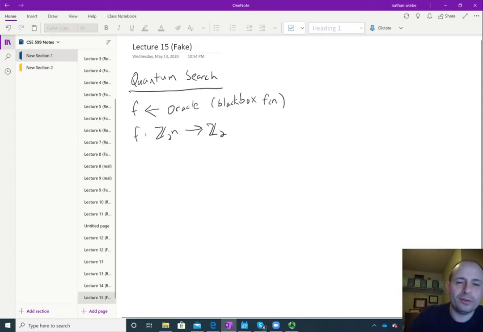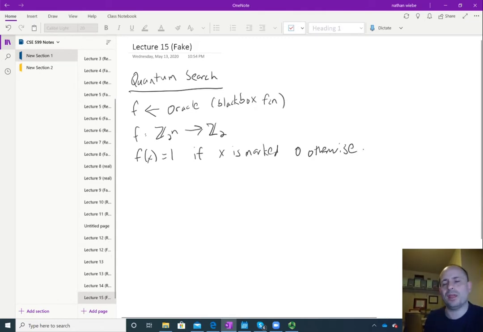A query to f says f of x equals 1 if x is marked, and otherwise f of x equals 0. In the online version of this course, we took a look at the search problem in more detail in the previous recorded lecture, but I'm just going over this as review for those of you who've tuned into that.